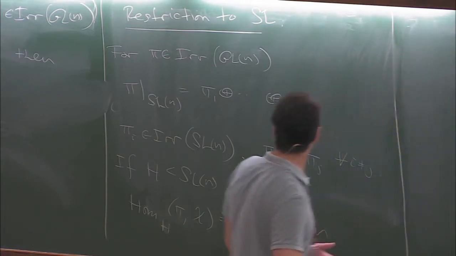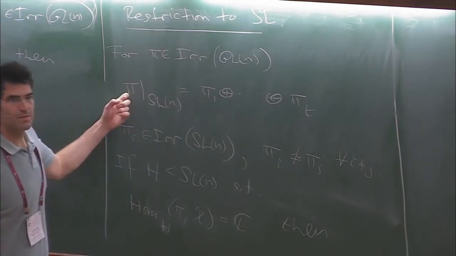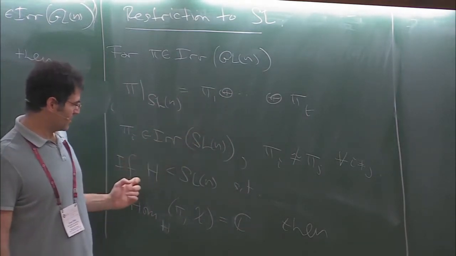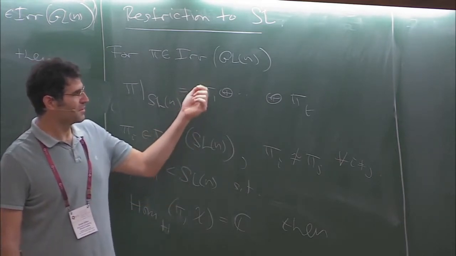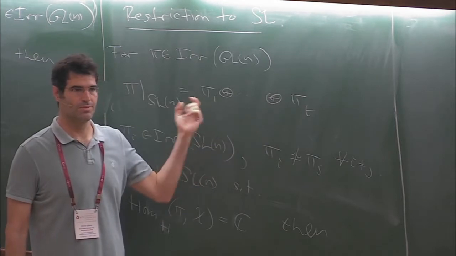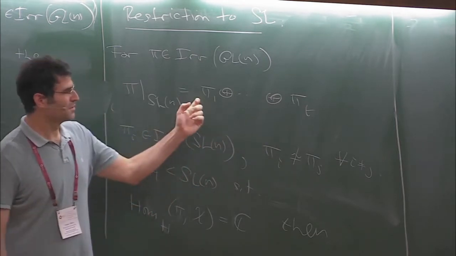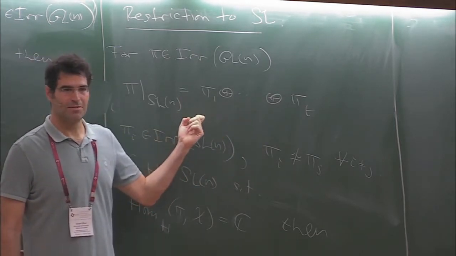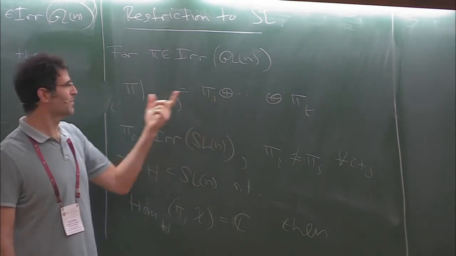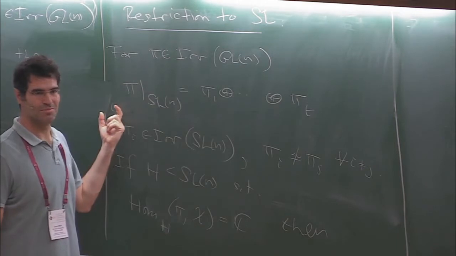there is an H-invariant linear form on the space of pi, and if H is a subgroup of SLN, it can only be non-zero on one of the SL components. Right? If two of them had an H-invariant linear form, this would give a two-dimensional space of linear forms here.